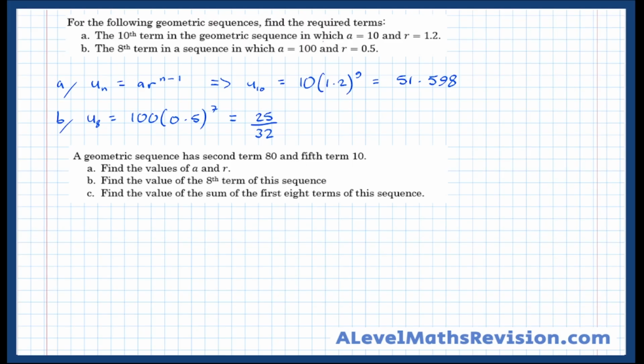Before we've even read what the question's asking us, the second term, I know, because the formula for the nth term is ar to the n minus 1, will have formula ar. First term a, second term ar. So ar equals 80. And the fifth term, ar to the 4, equals 10.